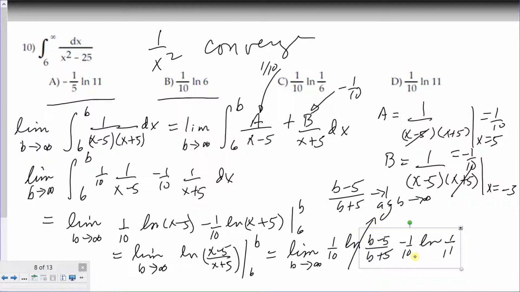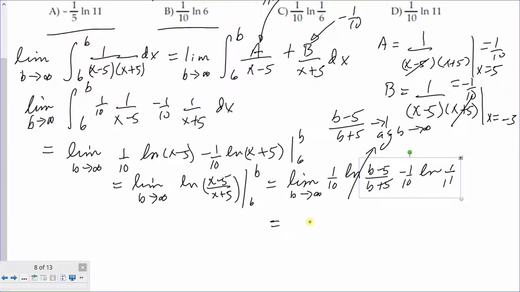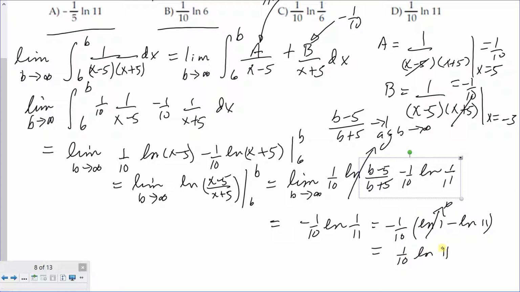So we'll end up with minus 1/10 ln of 1/11, equal to minus 1/10 (ln of 1 minus ln of 11). ln of 1, of course, is 0, and we get 1/10 ln of 11, which is answer D.